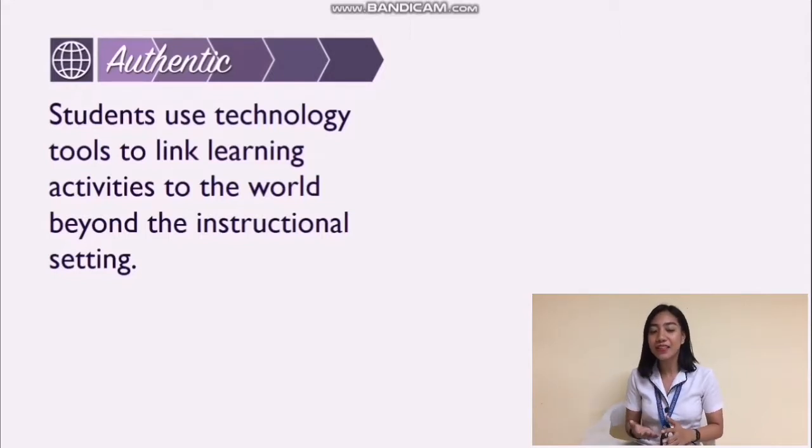Now students use technology tools to link learning activities to the world beyond the instructional settings. As you can observe, the students here are not just using the technology tools, but they're linking learning activities to the world beyond the instructional settings.